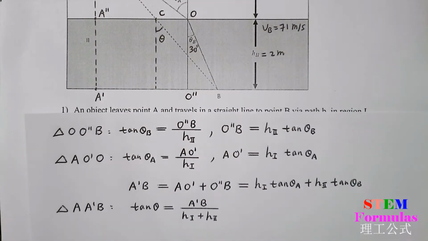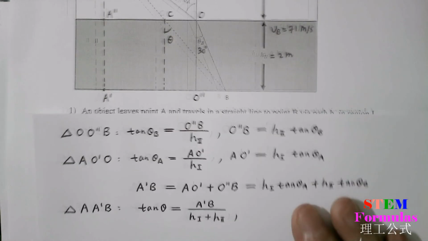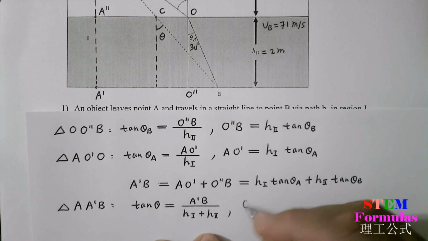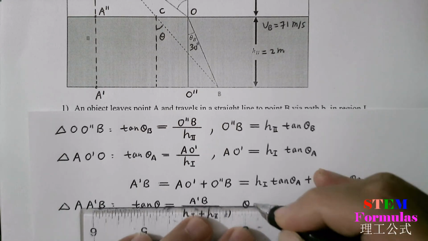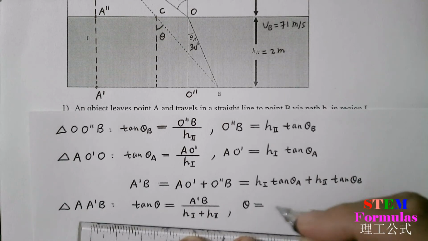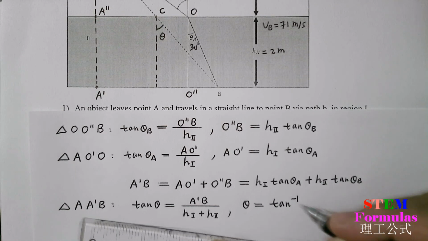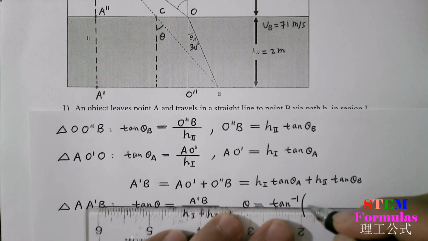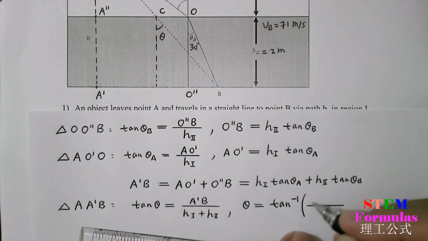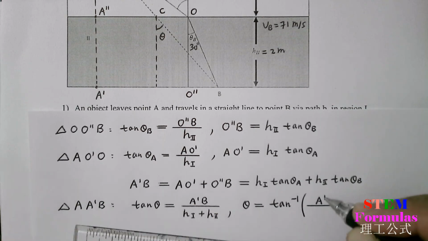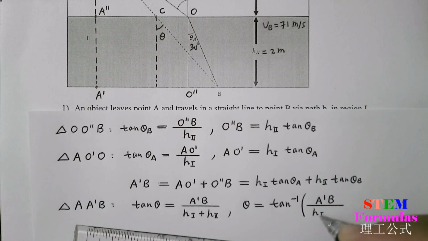Therefore, theta equal tangent inverse A prime B divided by H1 plus H2.